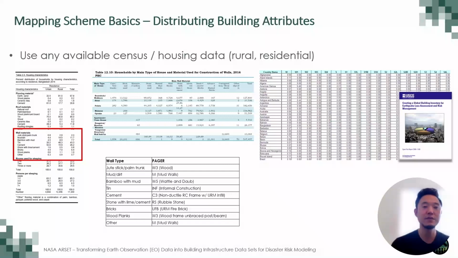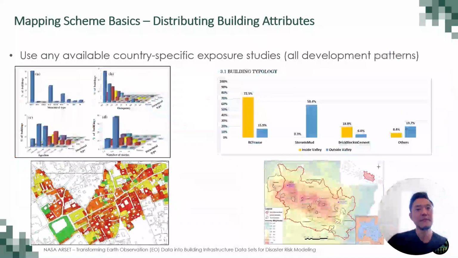So what we have to do here, as in that bottom table, is essentially map it to something that we can use, in this case, a PAGER type. So using the knowledge you have of building materials, structural types, etc., that you learned from the previous slides, you're able to map directly the wall type to PAGER type for future analysis.